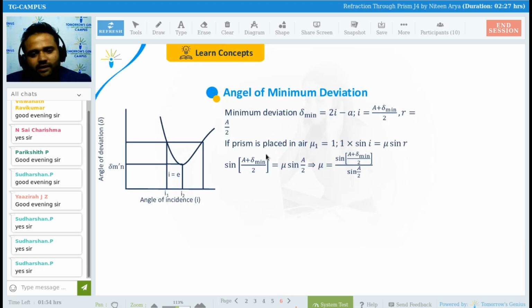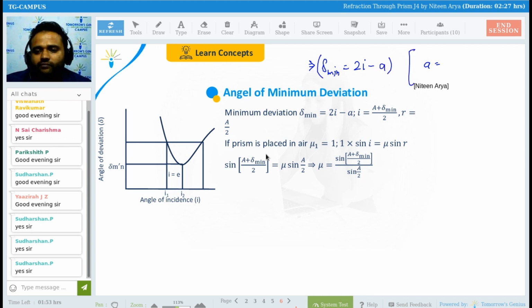Now on the next page, the angle of minimum deviation is going to be, I can put A equals to A by 2. The angle of minimum deviation, or delta min, is going to be 2I minus A. I can use that where A is A by 2.